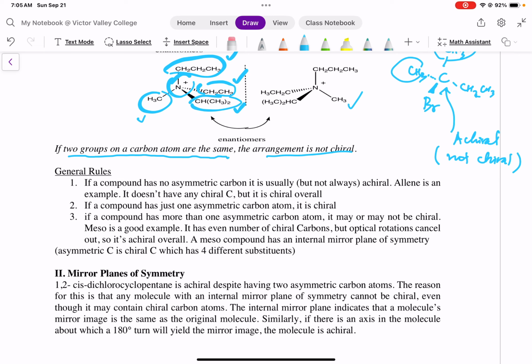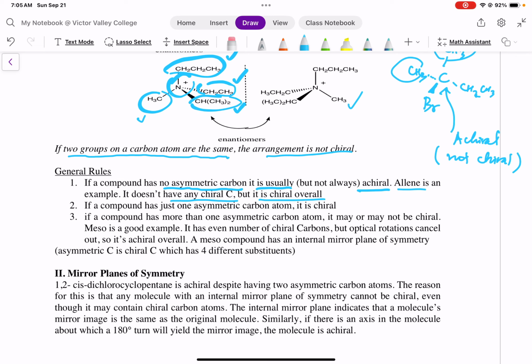If a compound has no asymmetric carbon, meaning no chiral carbon, it is usually achiral, the compound. There's a couple exceptions, in some cases, like allene or the ring structure, they don't have any chiral carbon, but it is chiral.